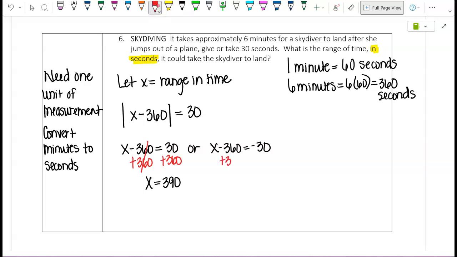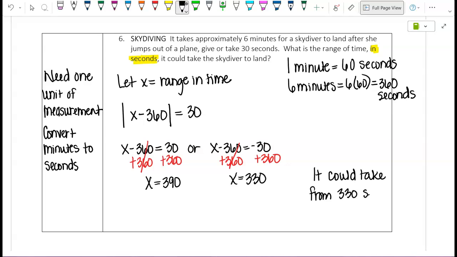Go to the next one, we add 360 to both sides. X equals 330. So it could take from 330 seconds to 390 seconds to land.